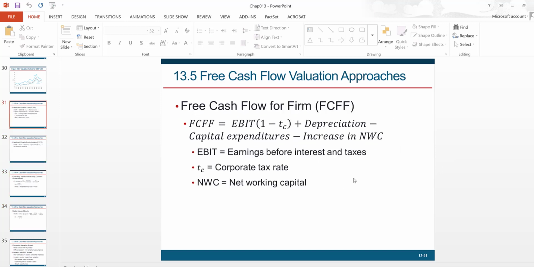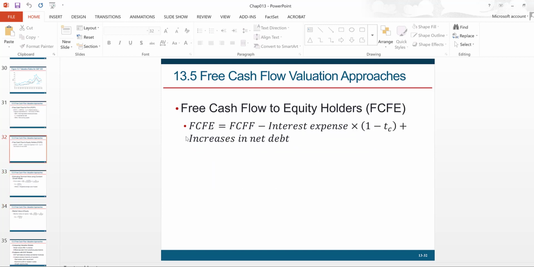And the other approach is to get the free cash flow to the equity holders directly. So instead of discounting the free cash flow to the firm, FCFF, we first determine what is the free cash flow to the equity holders. And free cash flow to the equity holders can be obtained by adjusting the free cash flow to the firm for all the cash flows that are going to the debt holders, right?